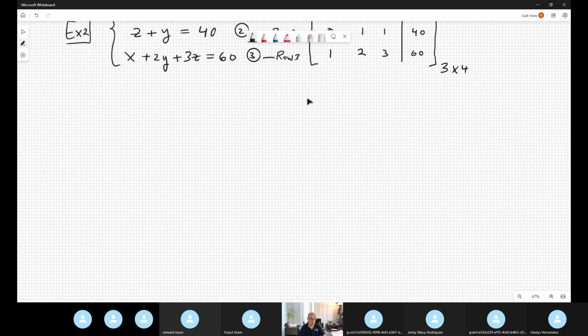Now, in this lecture, I want to explain two algorithms for solving the system. The first one is called Gauss elimination, the Gauss elimination algorithm or method. And the second is the continuation of the Gauss.